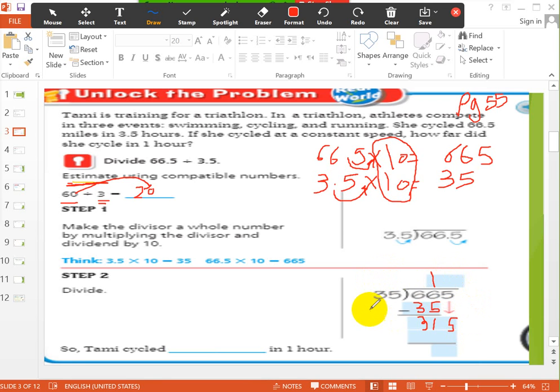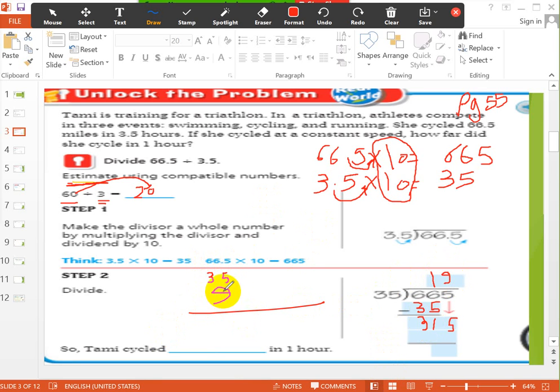If you multiply 35 by 10, the answer will be 350, right? So it will not be 10, it will be lower than 10. Maybe it will be 9. So let's try 9 multiplied by 35. I can write it, or I can do it on white paper, maybe it's easier for me.